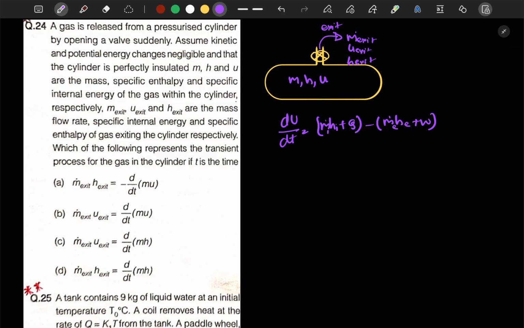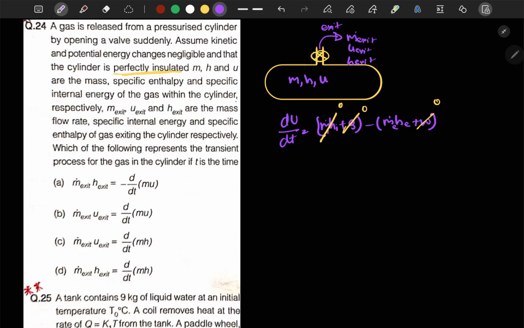Here, since there is no entry mass, we can directly term it as 0, and it is also mentioned to be perfectly insulated, so Q is also 0. Now the only terms left are m dot e h e plus work done, and since there is no work, this can also be termed as 0.